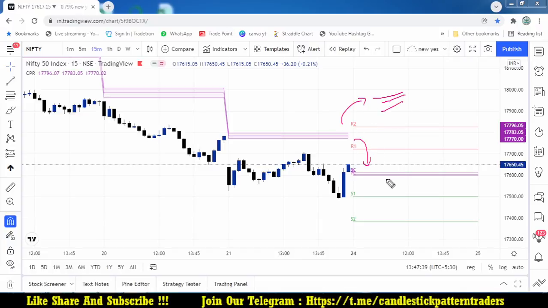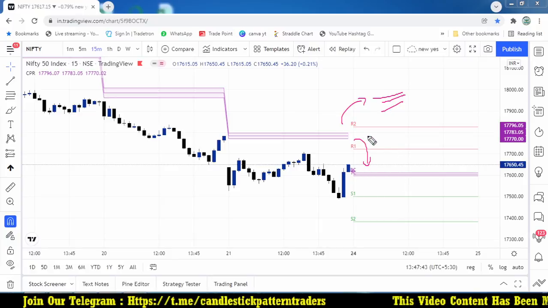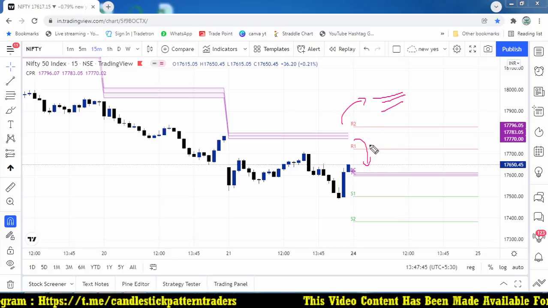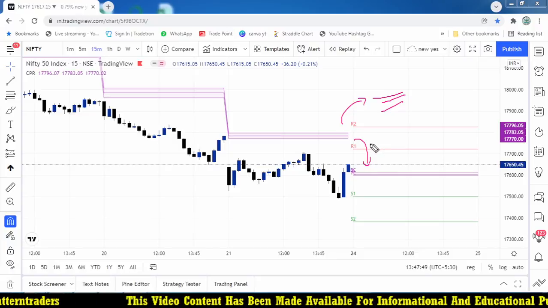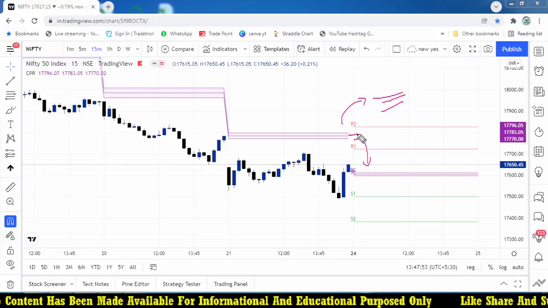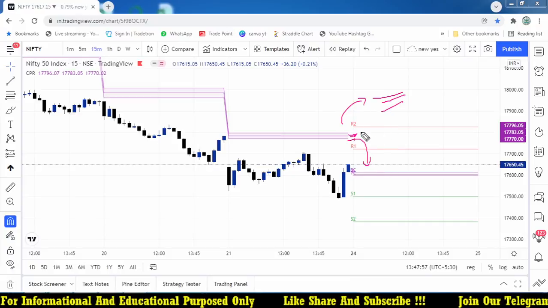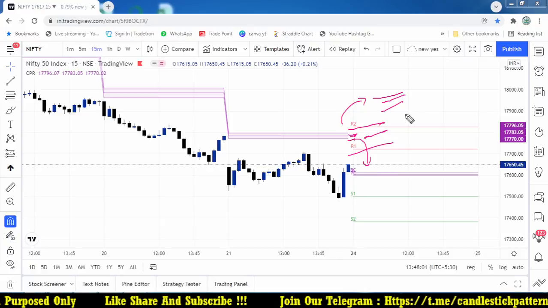If it is lower than that, we expect bearish. If it is unchanged, we can say breakout or sideways. If it is overlapping lower, bearish; overlapping higher, bullish; inside value, breakout. So if the CPR is inside the previous one, we can expect a breakout. If it is outside, we can expect a sideways kind of movement.